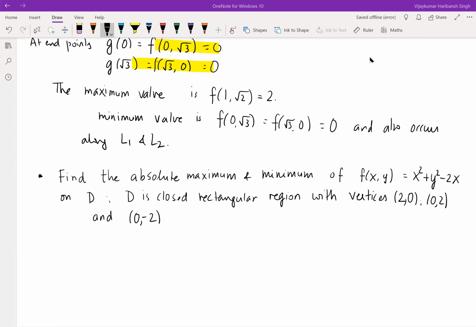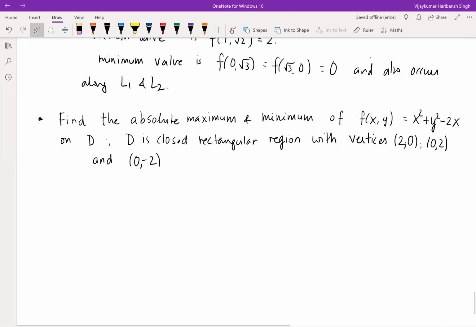Another interesting example would be find absolute maximum and minimum of your function f of xy, which is x squared plus y squared minus 2x on D, where D is a closed rectangular region with vertices 2, 0, 0, 2, and 0, minus 2. So for that, we need to first draw this to get a better picture of what is happening.